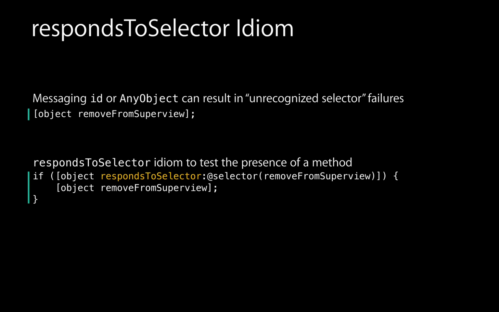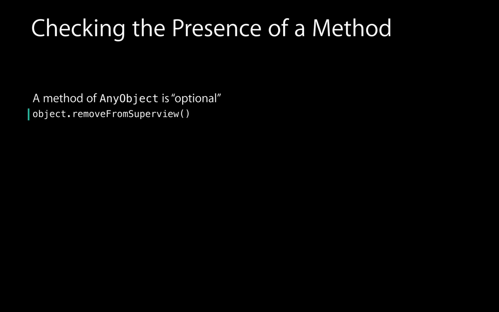In Swift, we like to do a little bit better. So let's take the same call, and let's do a removeFromSuperview call on this object. And the thing to note here is that removeFromSuperview on an object of unknown type, it may be there, it may not be there. Well, how do we deal with this notion in Swift? We use an optional. It says there may be a value there, there may not be.